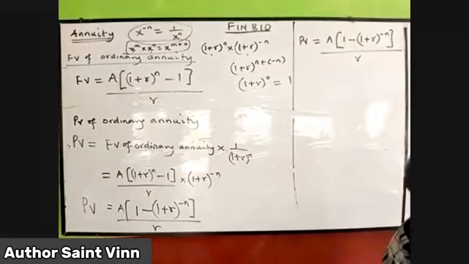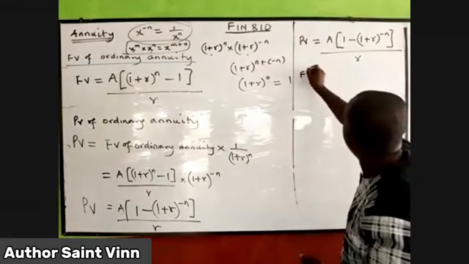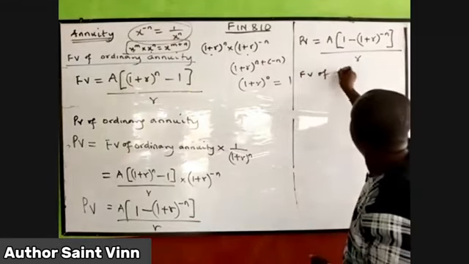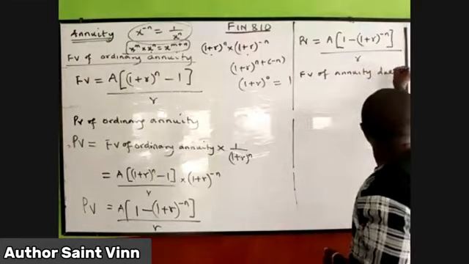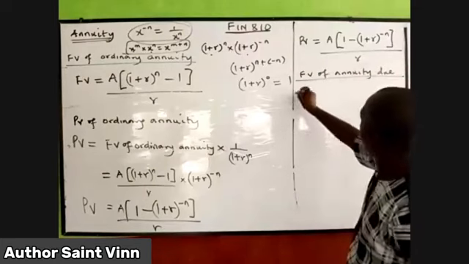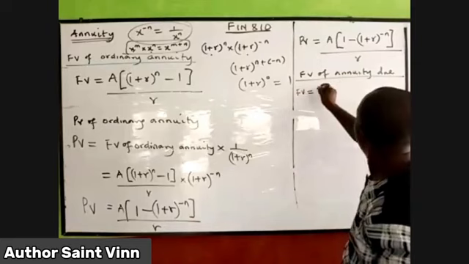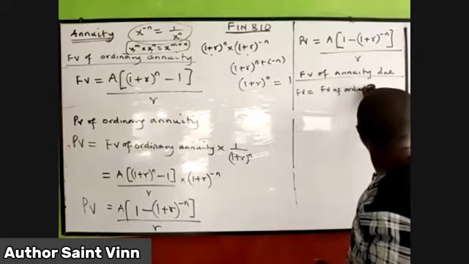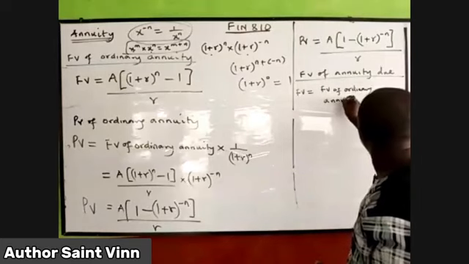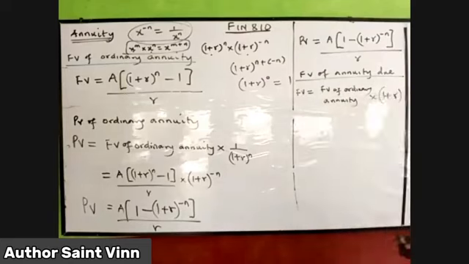What is important here is for you to understand how this should be done. So what I'm after here is the future value of annuity due. So I'm going to say the future value of annuity due will be equal to the future value of ordinary annuity multiplied by 1 plus R. No n there because it's just 1 year.